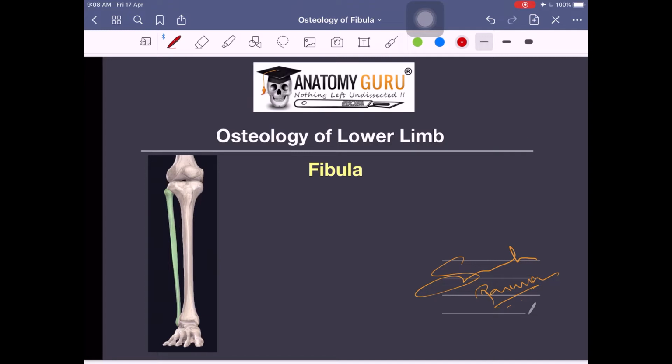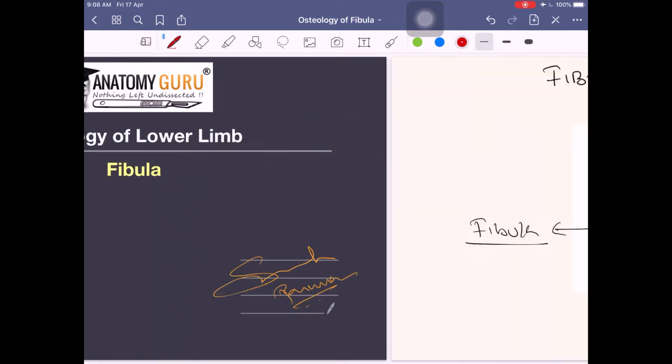So at the end of the class I realized that the entire session has not been recorded. So again I am starting the same thing. However, I'll be using the same GoodNotes presentation which I used for recording live yesterday. So I'll be scribbling over the same thing, and let us begin now.